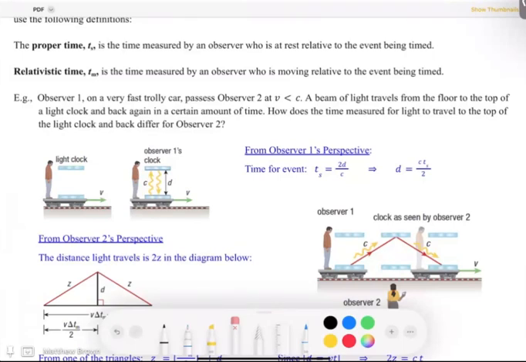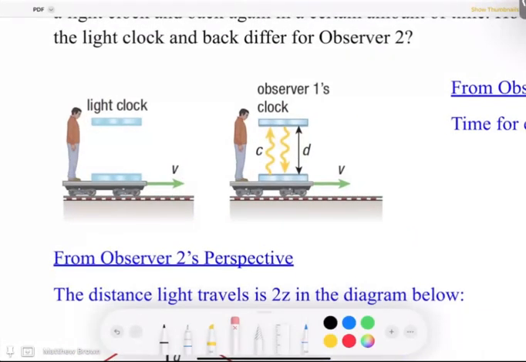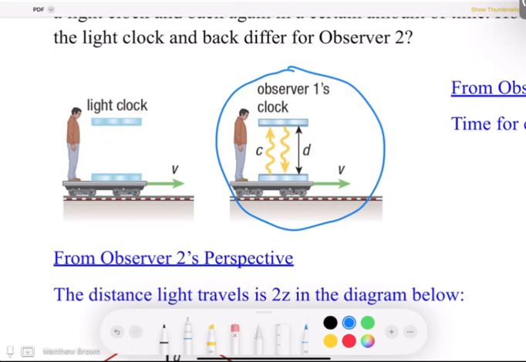A light clock uses the speed of light to go from the floor to the ceiling and then back again to time things or events. This person sits in their reference frame and sees light go from the floor to the ceiling and then back down again.